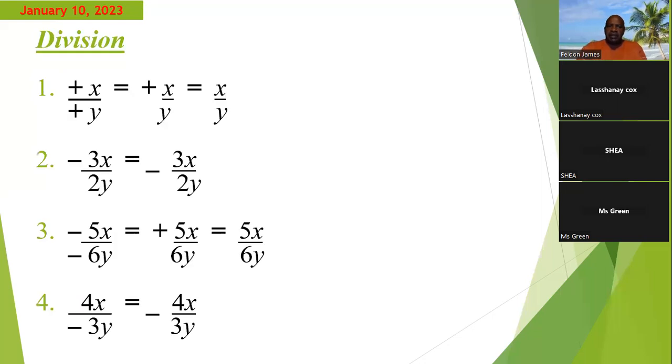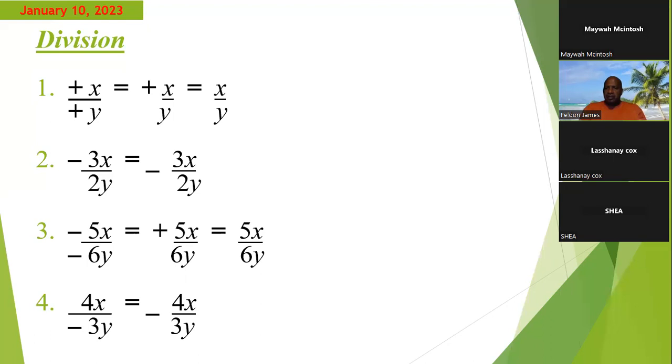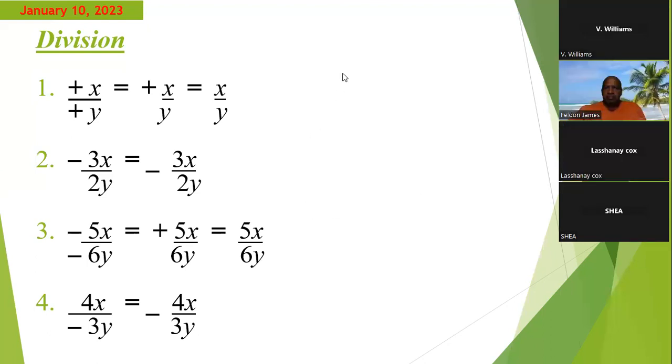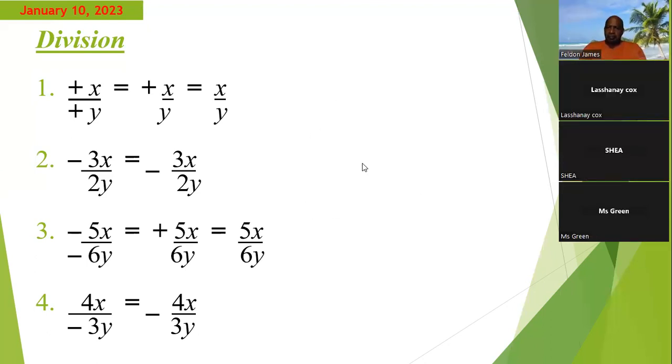All right, so let me see the hands of those who are comfortable with the division aspect of what we have just gone through. Let me see the hands of anybody who needs some clarification. Is everybody clear on the division?